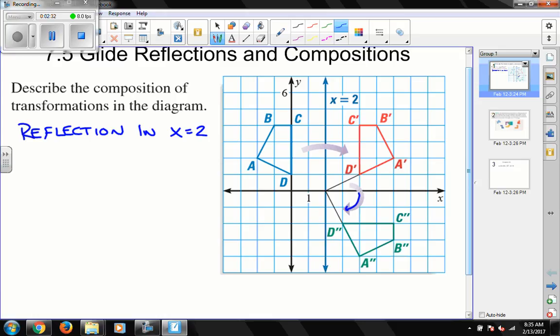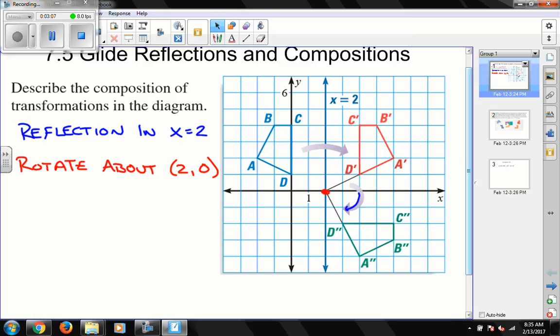If you follow our pattern of rotating about the origin, it'll look very similar, except now, instead of rotating about the origin, you can see that the two lines showing us our rotation meet right here, at about x equals 2. So we're going to rotate about the point (2, 0).